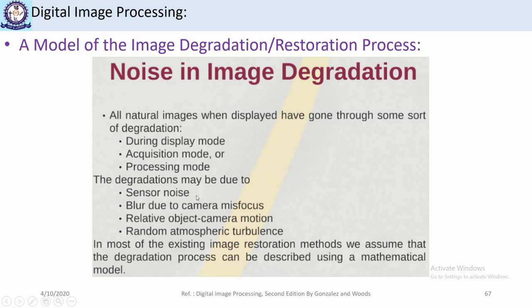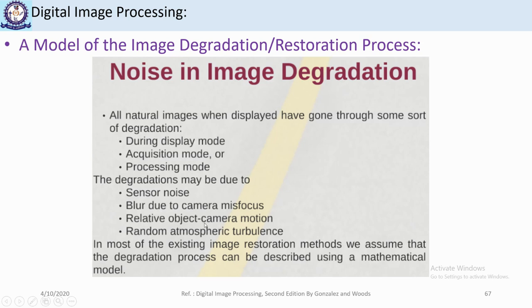And this degradation may be due to sensor noise. Now, noise can be added due to the sensor noise. It can be added due to blur due to camera misfocus. Then relative object camera motion.